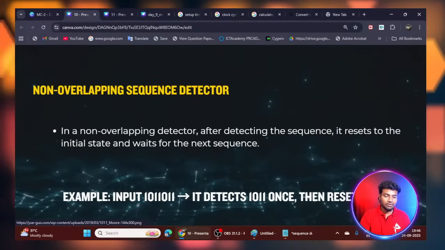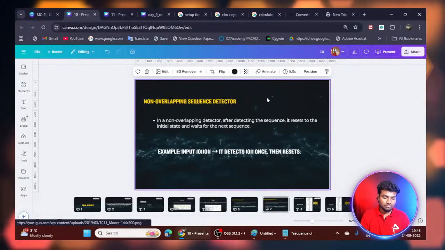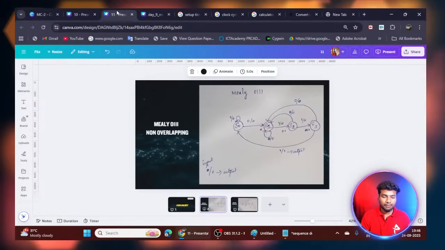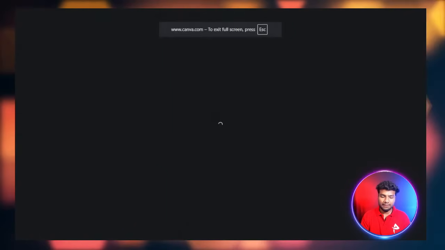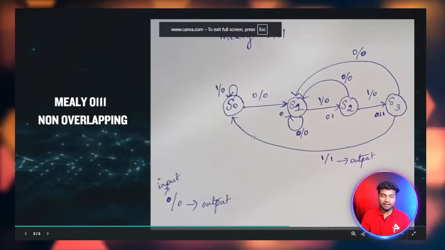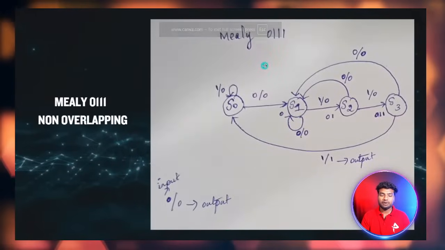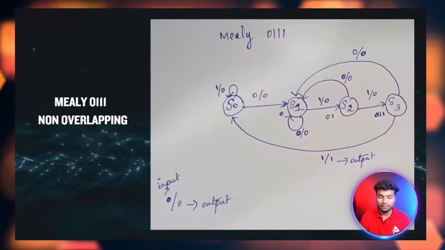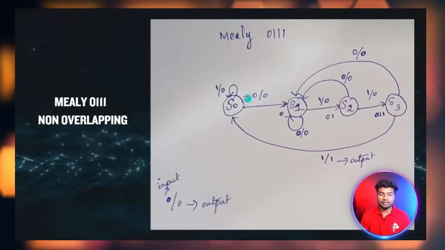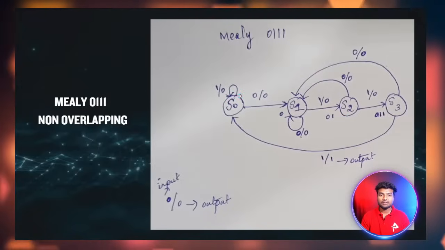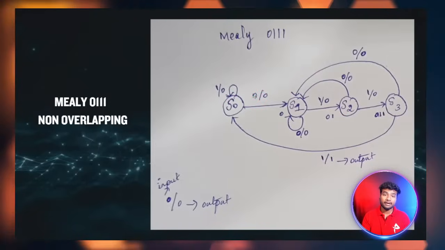Now I will show you the Mealy type FSM, the same sequence detection, Mealy type. This is a Mealy type non-overlapping. Here the output depends on the current input and the current state.